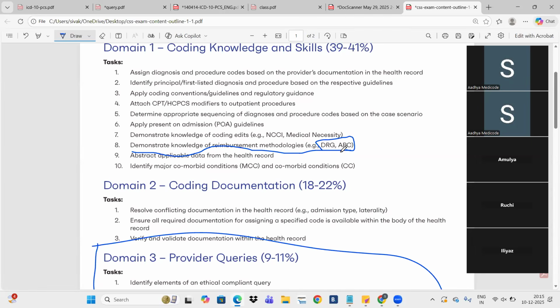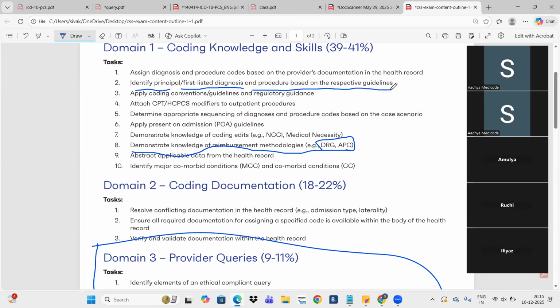Next concept: identify the principal or first listed diagnosis and procedure based on the respective guidelines. If they give any procedure or diagnosis question, we must identify the first listed or principal diagnosis.